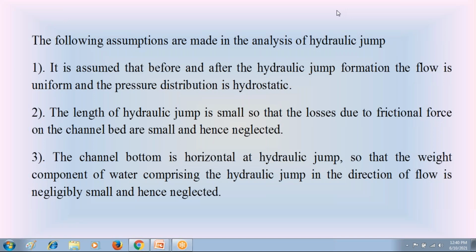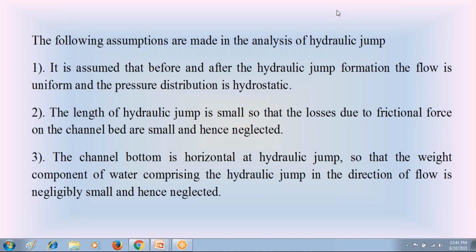Now coming to the analysis of hydraulic jump. In this analysis, I am going to discuss with you the basic formulas we can use in this hydraulic jump. The hydraulic jump is a rapid phenomenon. The water in a hydraulic jump is in a totally disturbed condition. So the normal fluid mechanics formulas, the Bernoulli's equation, Darcy-Weisbach equation, Hazen-Poiseuille equation, are not applicable in hydraulic jump.